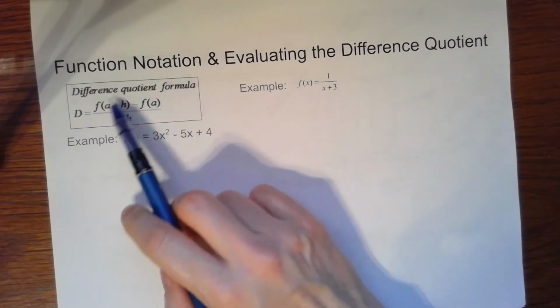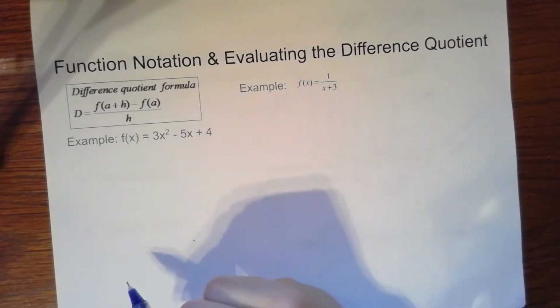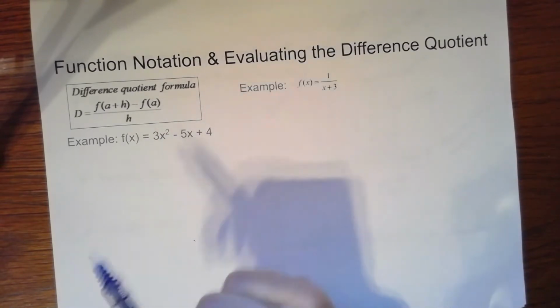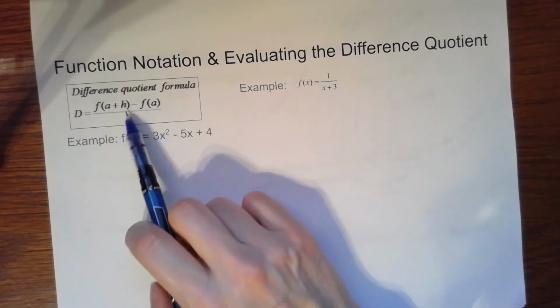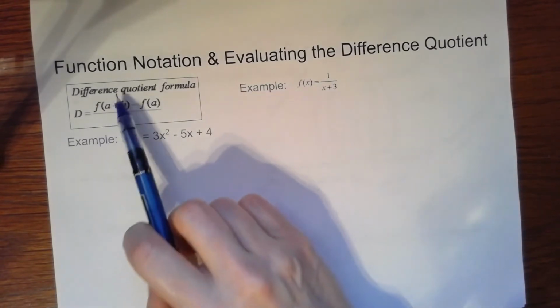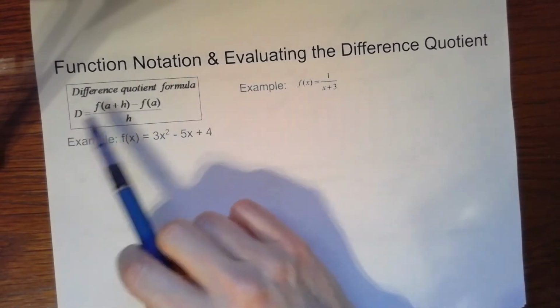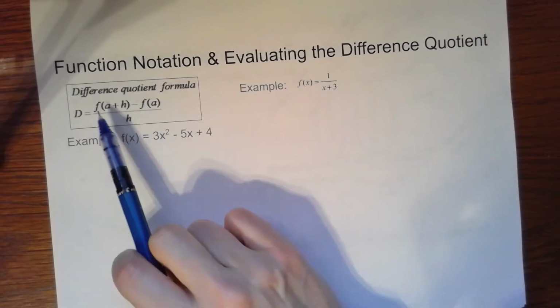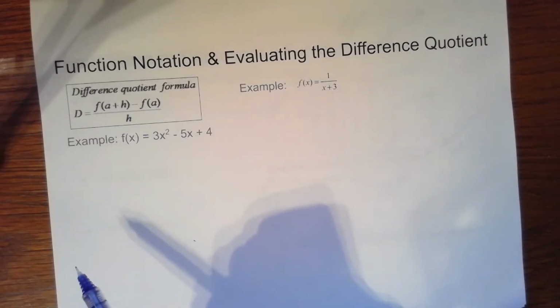We're going to do this over and over again, especially in the next chapter. So we need to get really comfortable with function notation and how to compute this kind of difference quotient. This is the formula for what they call a difference quotient. So if they say compute the difference quotient, that's what it means: do f of a plus h minus f of a, divided by h.